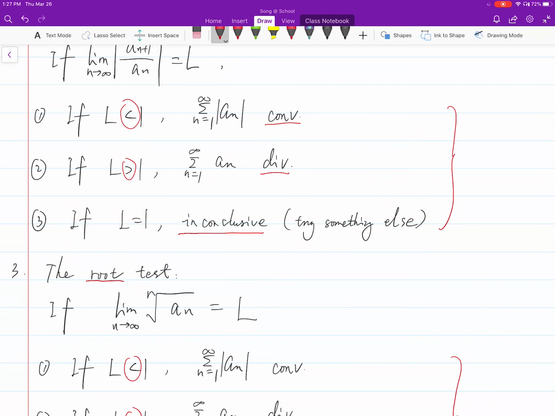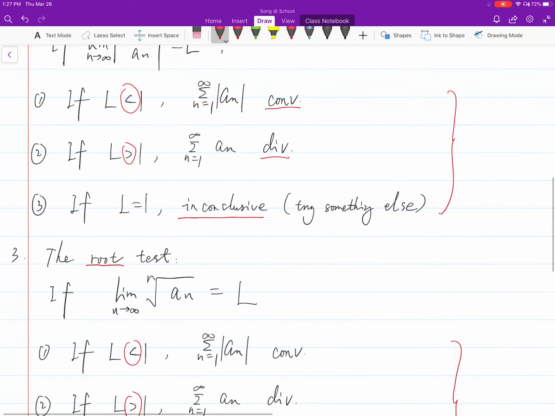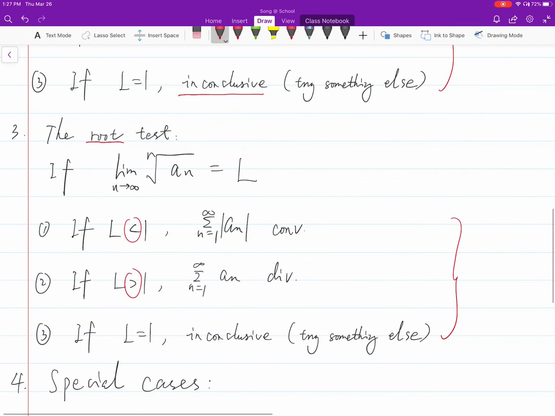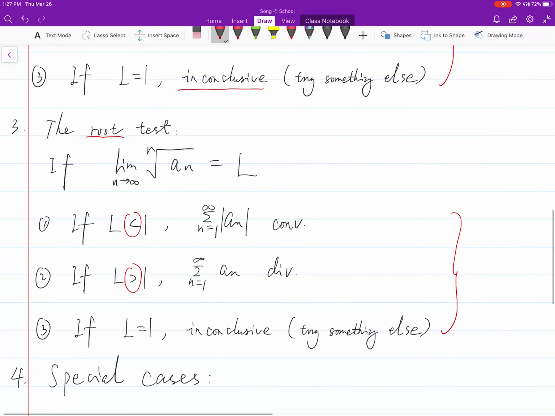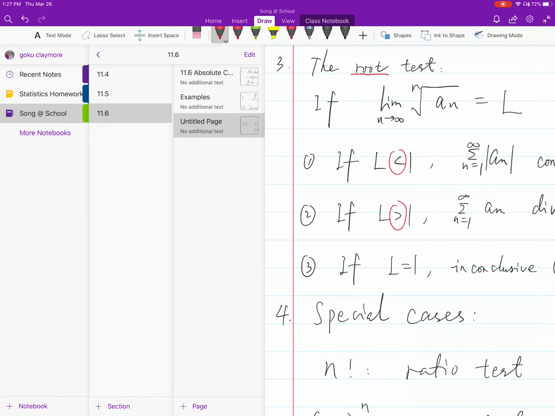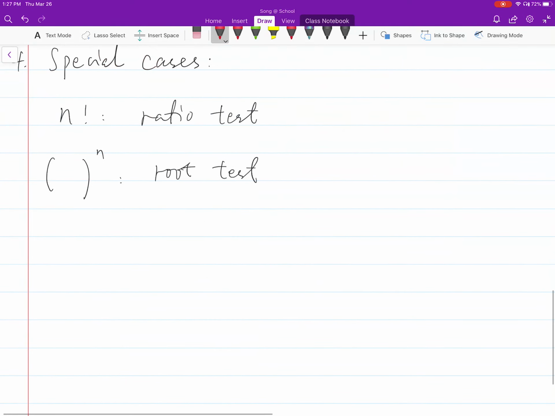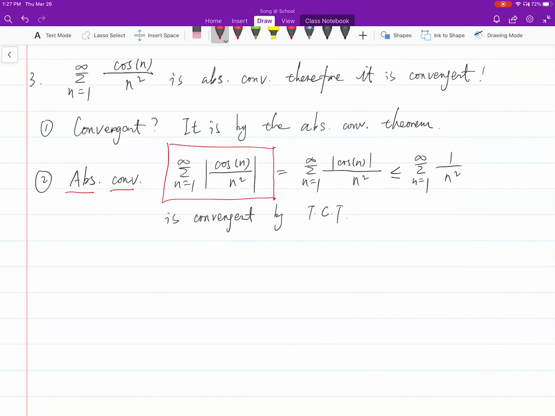You look at the number and check if it's less than 1 or bigger than 1. For the ratio test, you check the next term over the previous term. For the root test, you take the nth root of the terms. It's very vague, so let's try some simple examples.